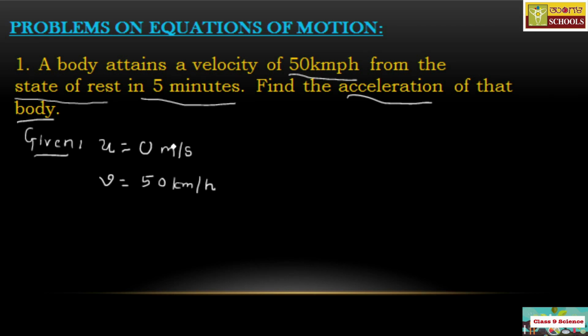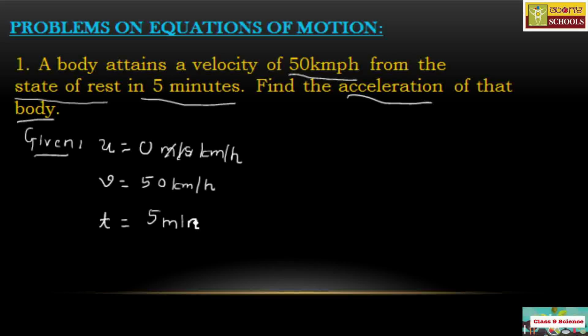You can take it even in terms of kilometer per hour, no problem. It is given in kilometer per hour, and later you can convert it into meter per second square in the end. So you keep u equal to 0 kilometer per hour, final velocity v equal to 50 kilometer per hour, and time t equal to 5 minutes.